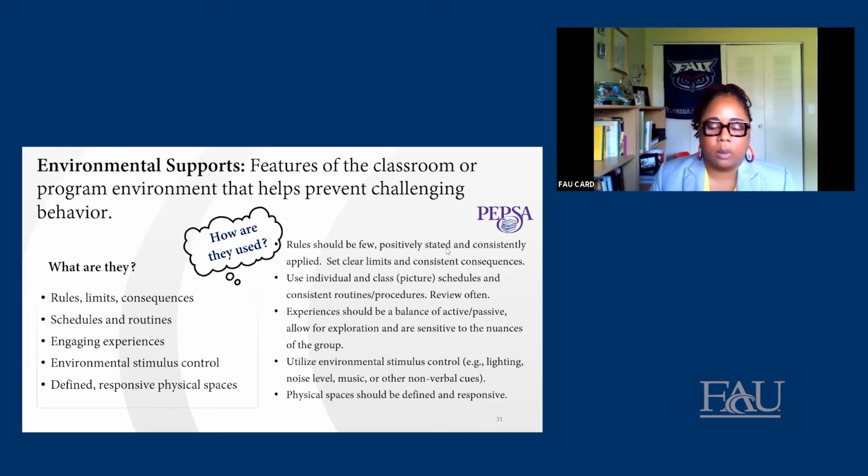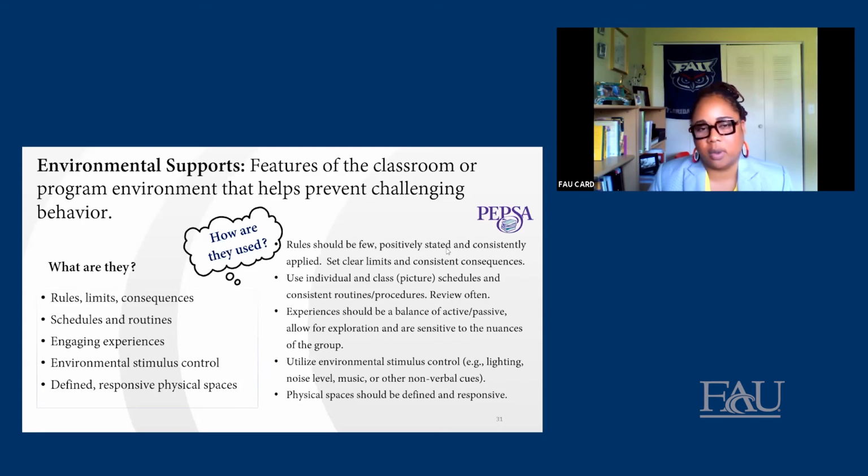We want to make sure we use things like environmental stimulus control, controlling things like lighting, noise level, music. If we use it, it's not abrasive to some students, and using nonverbal cues when needed as well. We do know that children with ASD have some difficulty with relating to some nonverbal cues.